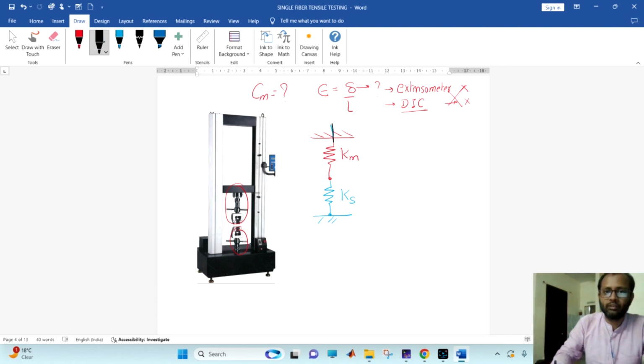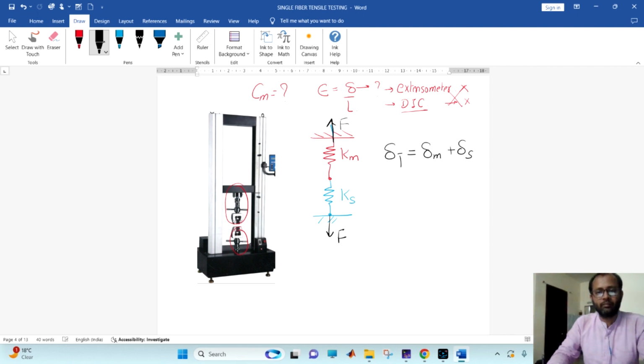When we load this with a force F, we know the force will be the same in both cases, but the total deflection, the total displacement, will be the displacement of the machine plus the displacement of the specimen.